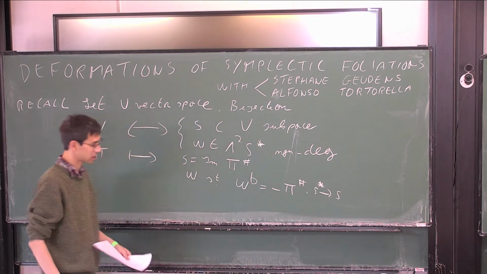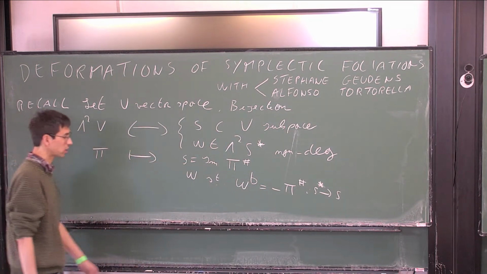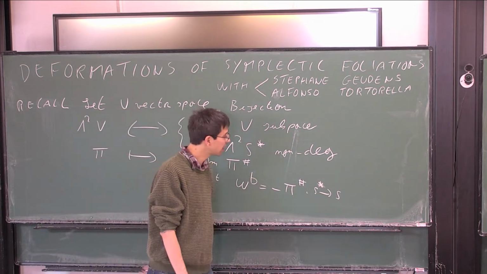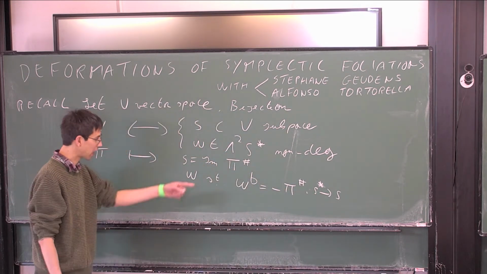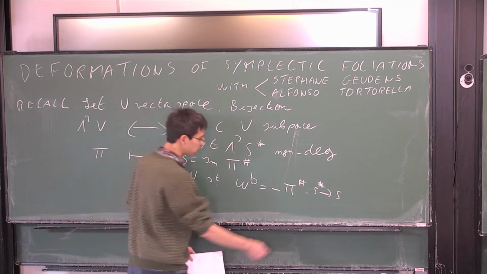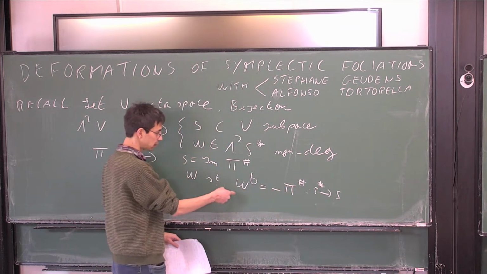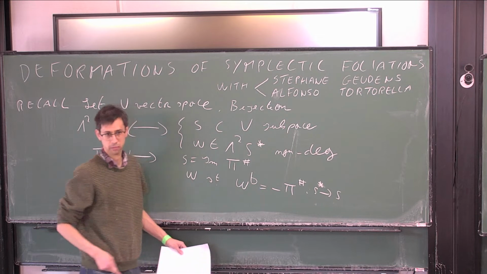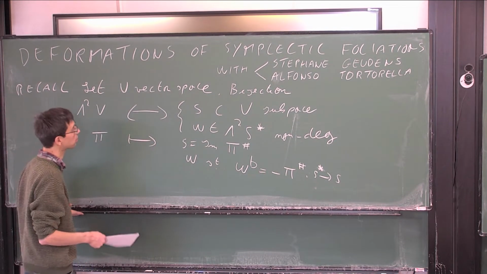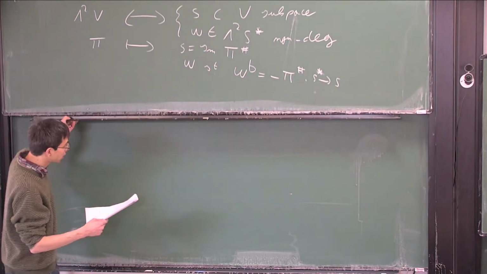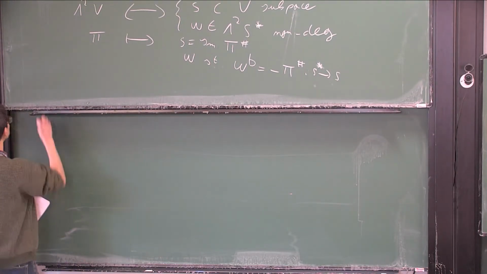So pi sharp is the contraction map with pi. It goes from V star to V, but it descends to a map here which is invertible, and up to a sign, the inverse is a map from S to S star, which is contraction with the bilinear form. That's my omega. Okay, so this is just linear algebra, and this is what explains the following.